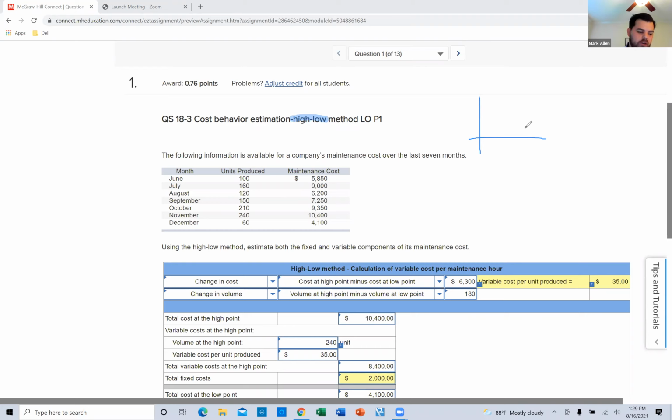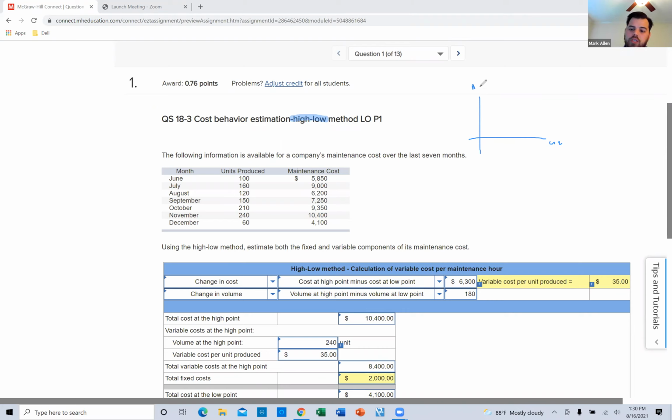So let's just look at this as if we had this on a graph. If we were actually graphing June, July, August, etc., the most reasonable format would be to have units on the x-axis and the cost or dollar value on the y-axis. So what this relationship tells me is that the cost depends on the number of units, right?